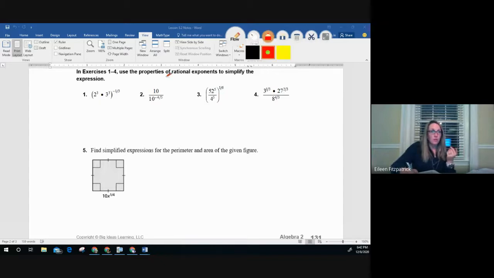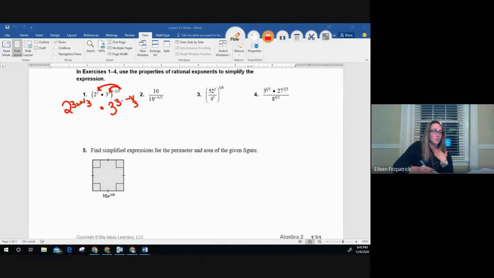How I would approach this problem is I would first apply the exponent outside to the exponents inside. We're going to multiply them. So you have 2 to the third times negative 1/3, and then times 3 to the third times negative 1/3.